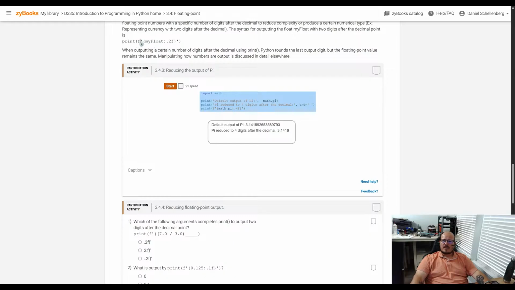I talked about that a little bit before, because without this, in order to print this out without the F string, you would have to have a couple lines. This is a simple example, but if you had a long sentence here, like this number represents my float, blah blah blah, then you'd want to put it in an F string so you have one clean single line of code.